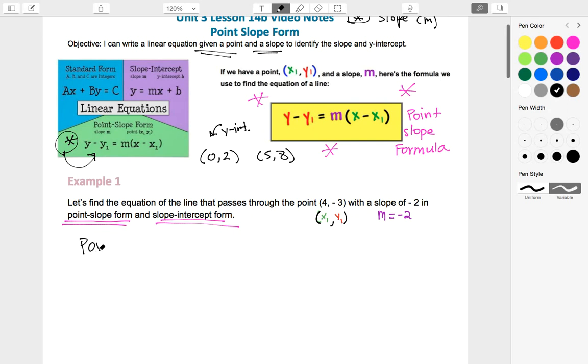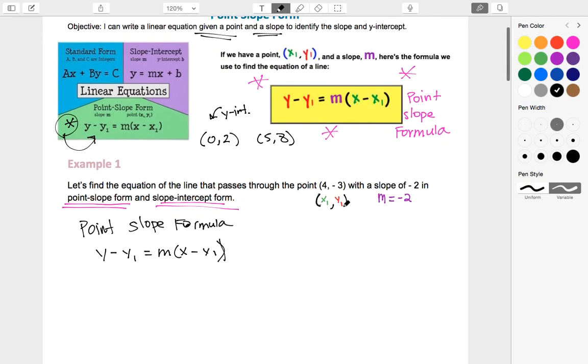We have the point slope formula. What we have to do first is write out the structure. Okay, and since we've already identified our y1 and our x1 values, we can go ahead and substitute those in.